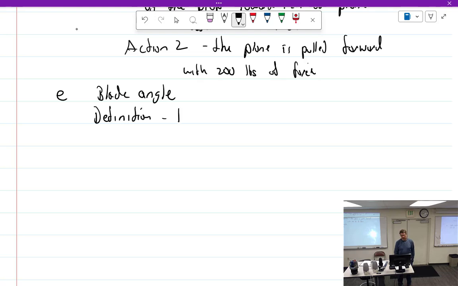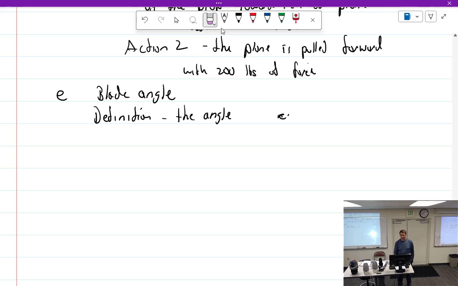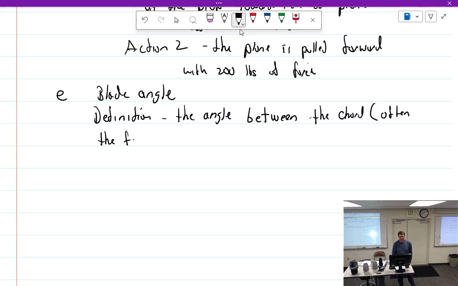The angle between the chord, which is often the face.